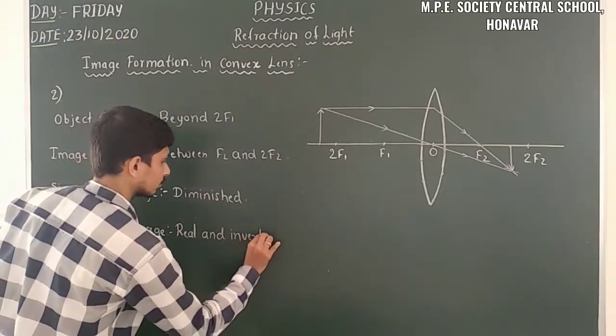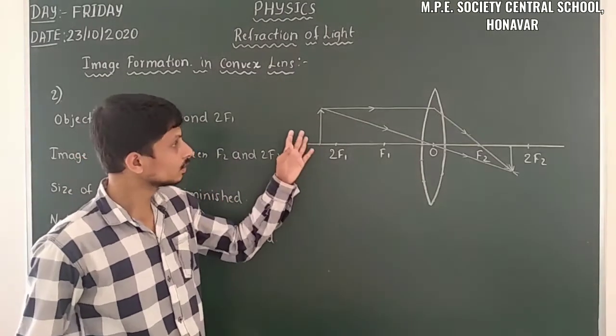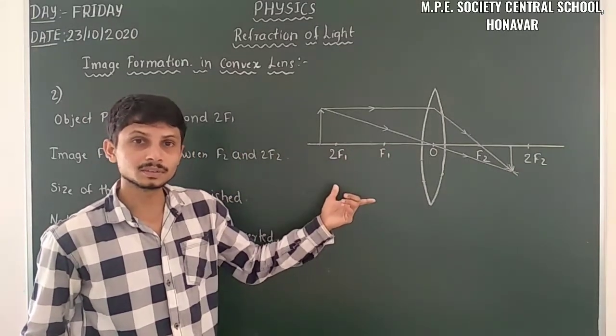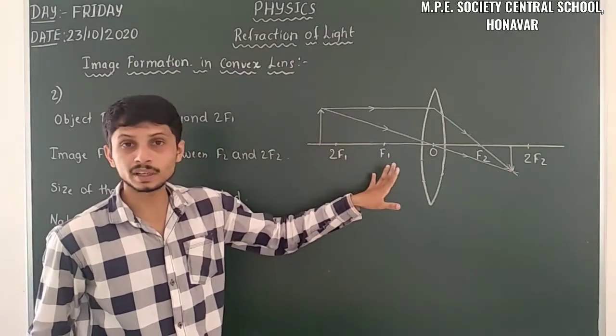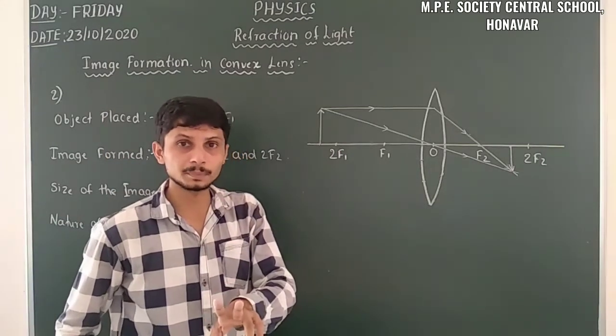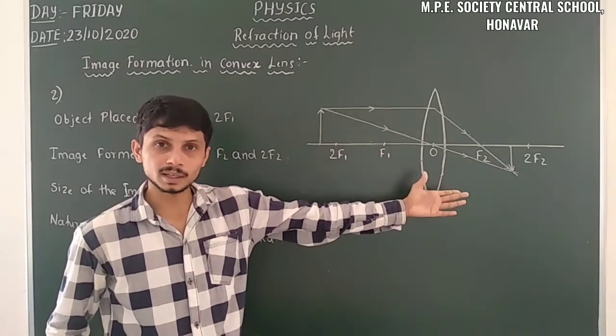So just look at the image formation. Here I considered only two rays. Likewise, in the next cases also you have to consider two ray behaviors and get the image.